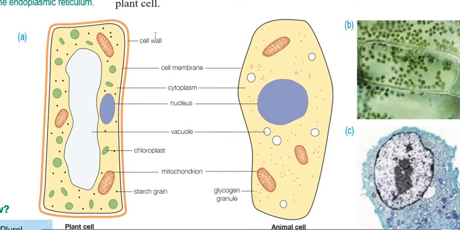So here we have cell wall, cell membrane, cytoplasm, nucleus, vacuole, chloroplast, mitochondria, starch grain, and glycogen granule.